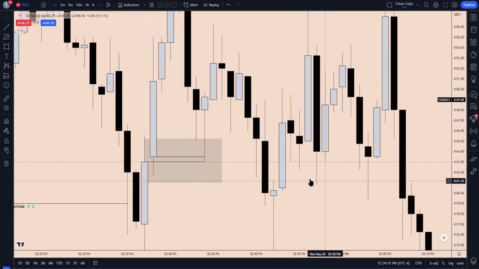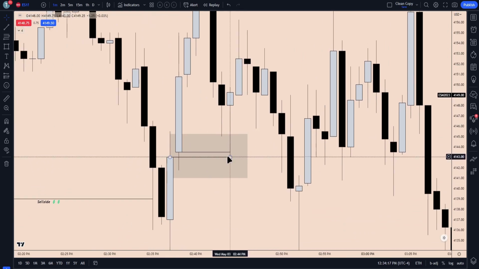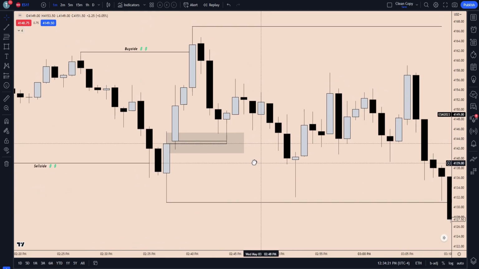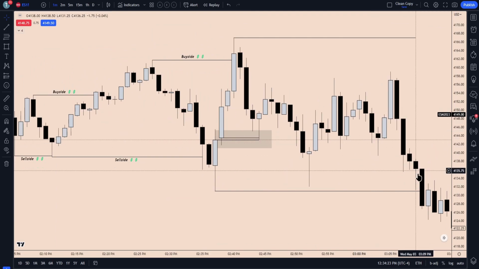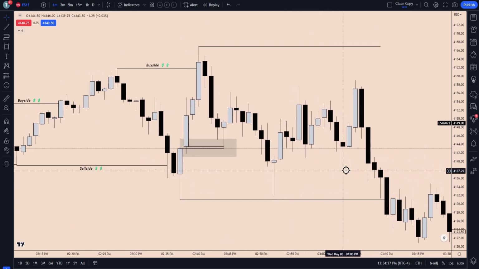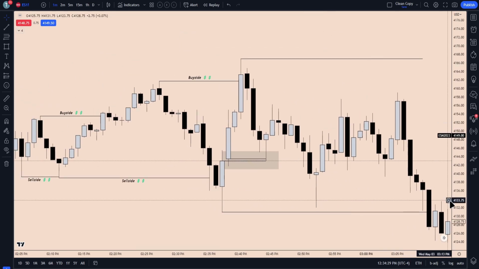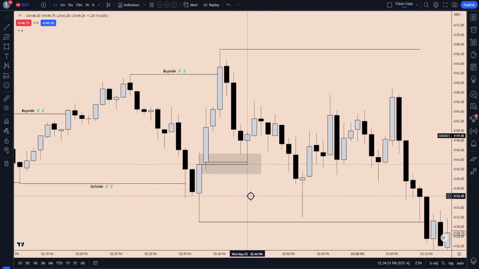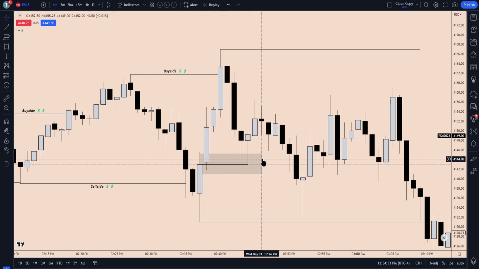So this dotted line here is our midnight opening level. This becomes important because once we break through and below that, we wouldn't expect the midnight open to be breached. So just remember going forward that this inefficiency here is also aligned with that midnight open. And that's also why you see price consolidate right around this area.